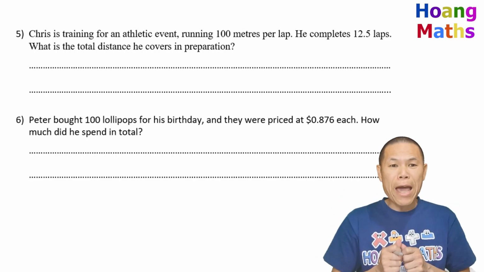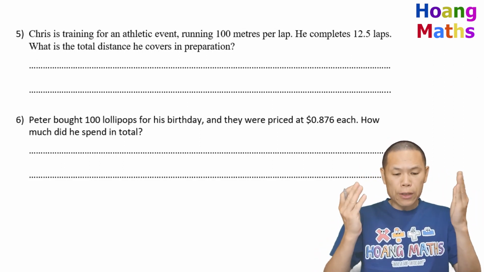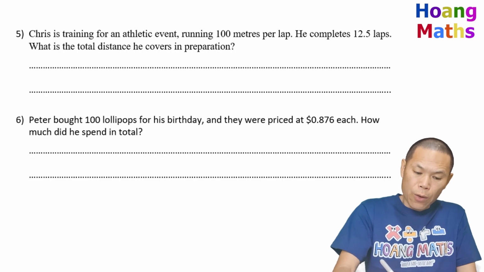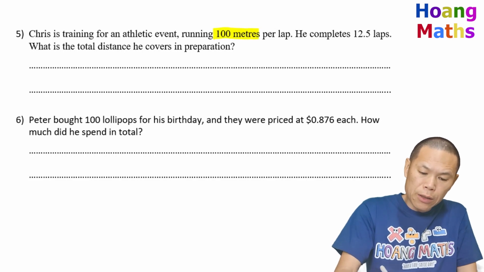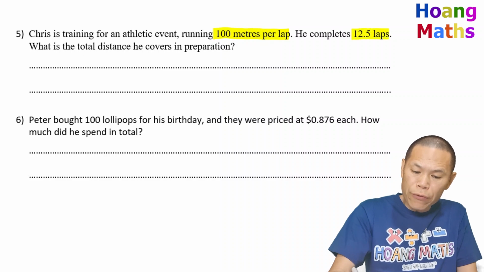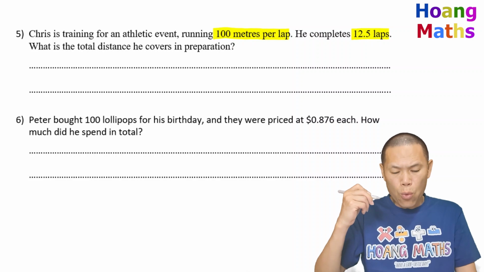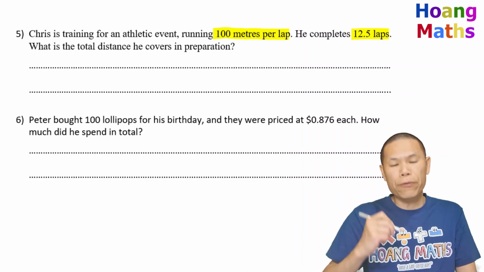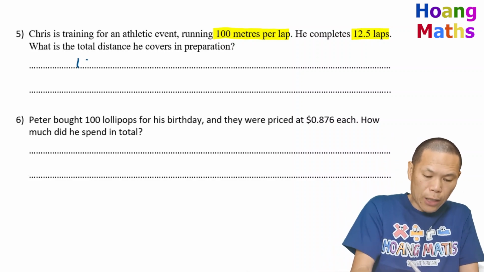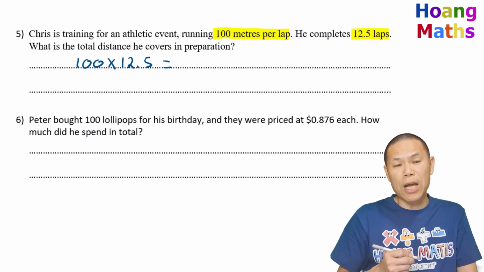Hi there, I'm back. How do you go? So let me just go through them with you, okay? So first of all, we know that it is 100 meters per lap. And we know that Chris ran 12.5 laps. So to work out the distance, we just go 100 times 12.5, or 12.5 times 100, okay?